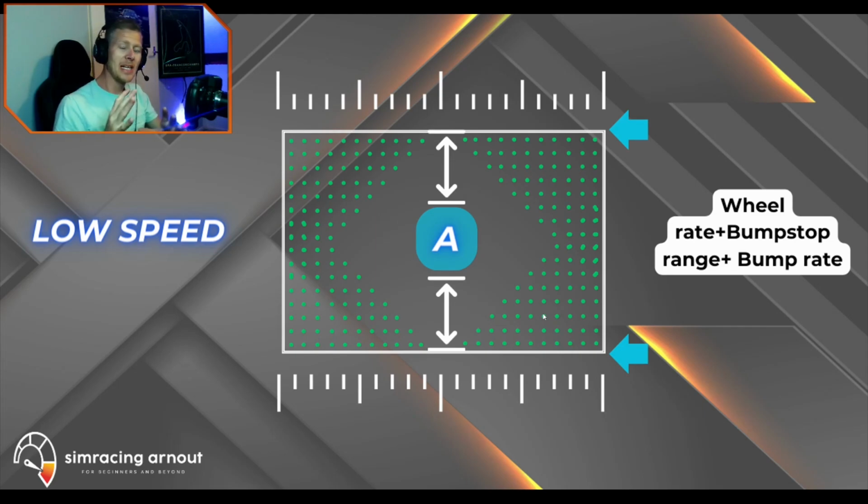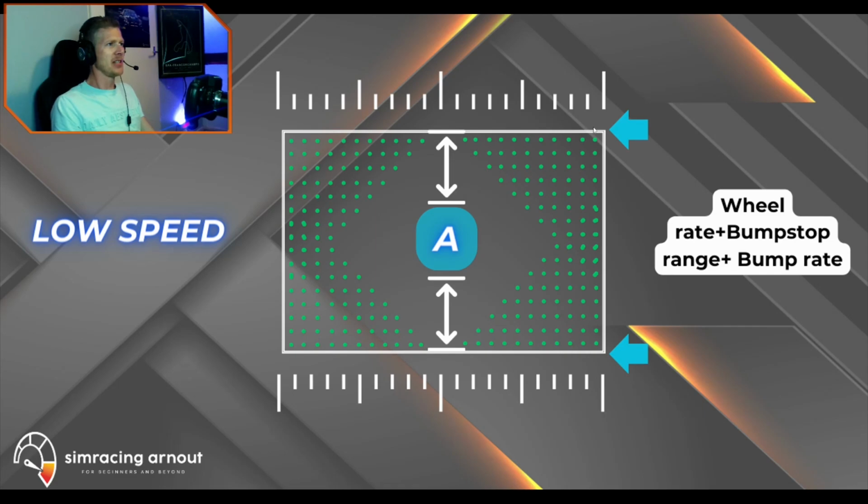So I'm going to explain even more on the aero box and how it is going to take over your mechanical grip section when you go into higher speeds. So let's imagine this low speed scenario, up until 100 kilometers, I don't know, 60 miles an hour, whatever.